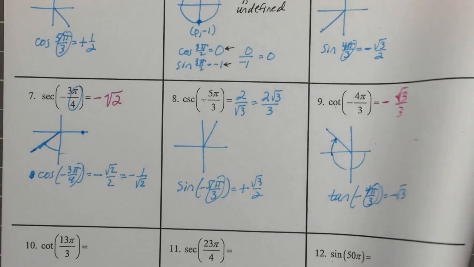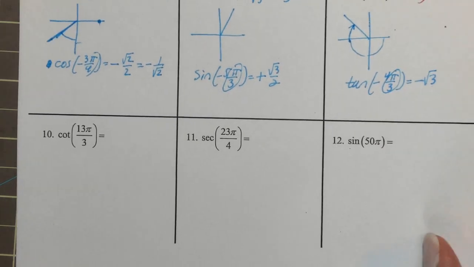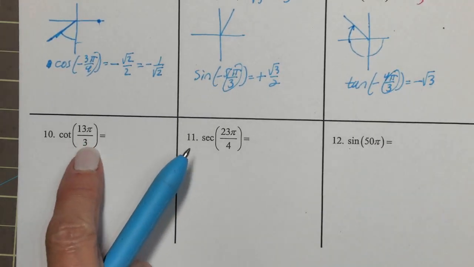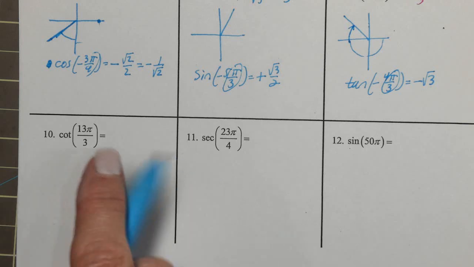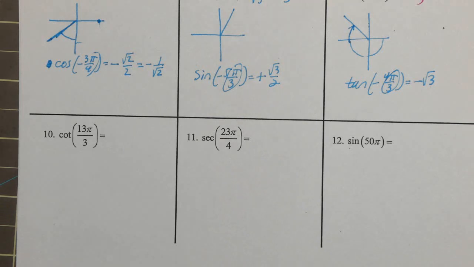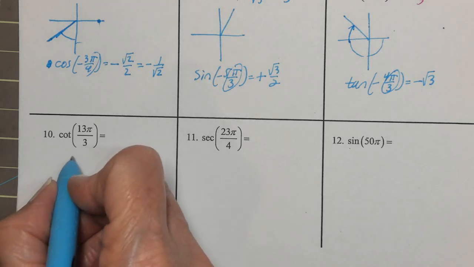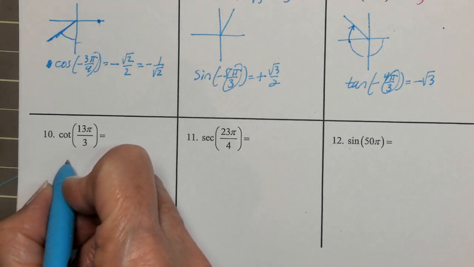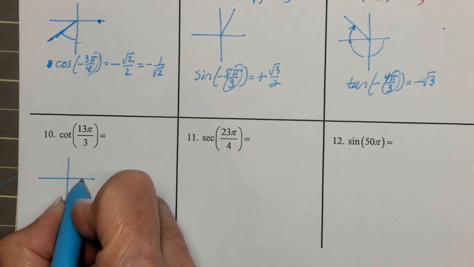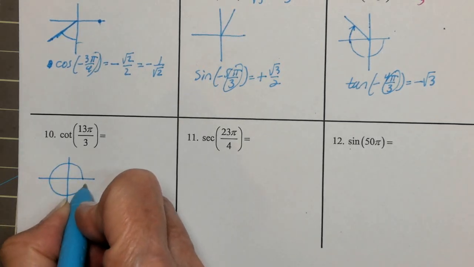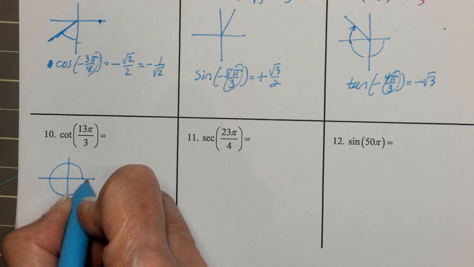Okay. What about cotangent of 13 pi over 3? Well, we need to get a coterminal angle that is between 0 and 2 pi. We need to see what quadrant this is in. If I go all the way around, I would be at 6 pi over 3.